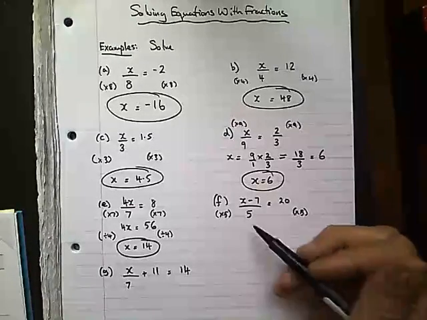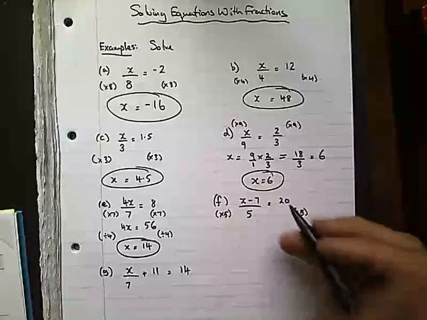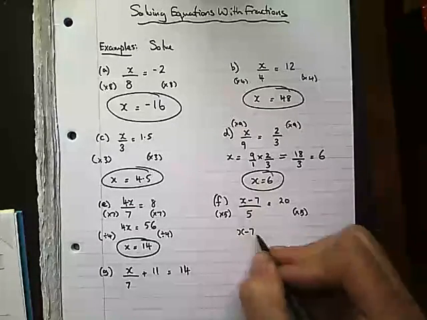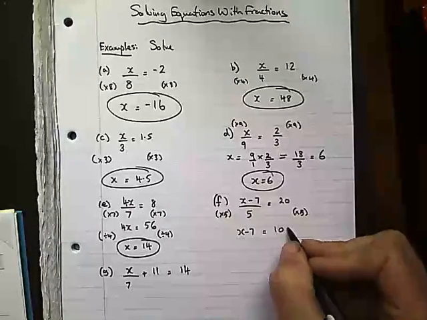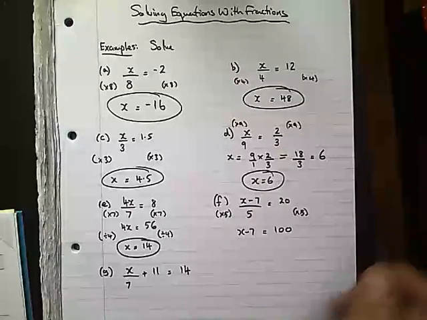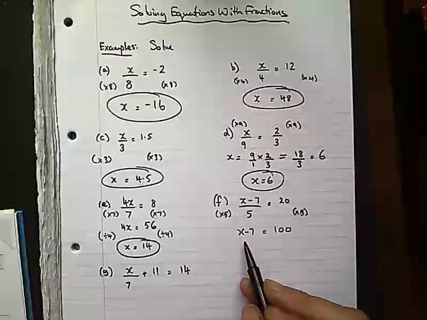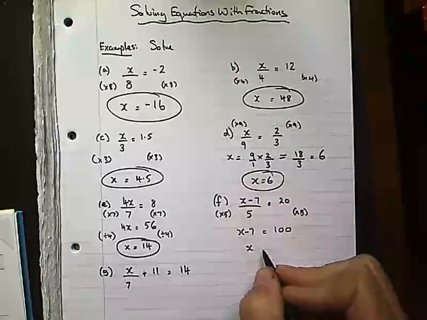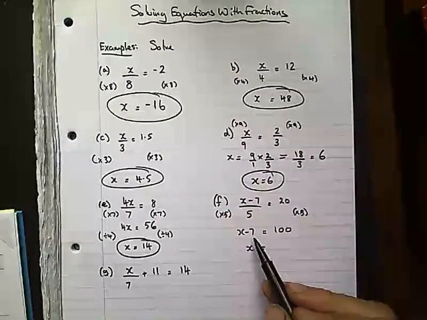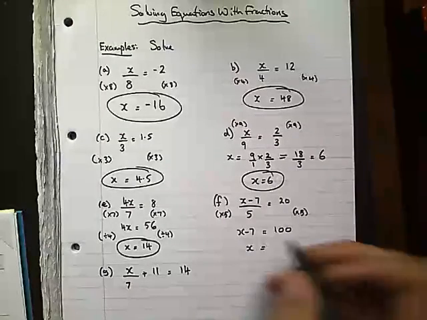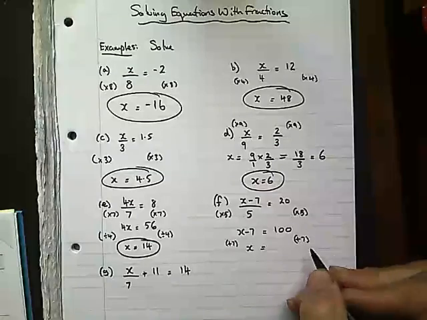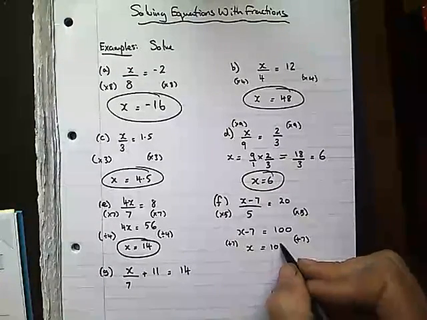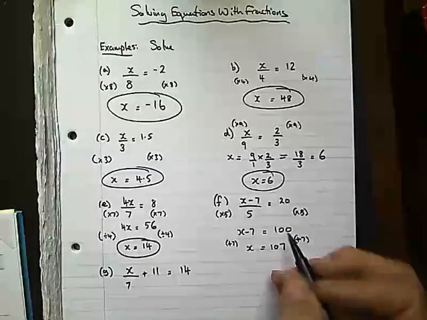Okay, so I'm going to start by timesing by 5. I get x minus 7. 5 times 20 is 100. But I don't want x minus 7, I want x on its own. So how do I undo a minus 7? I add 7. And I do that to both sides. 100 plus 7 is 107. So x equals 107.